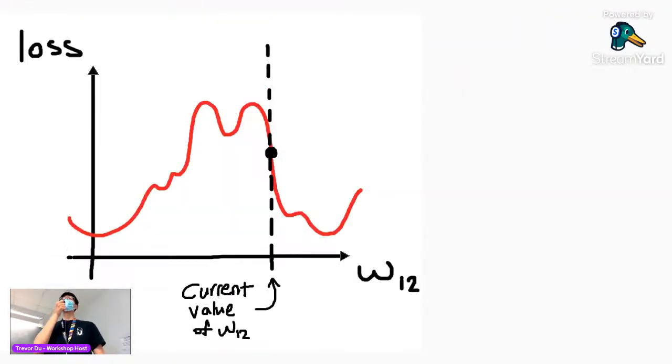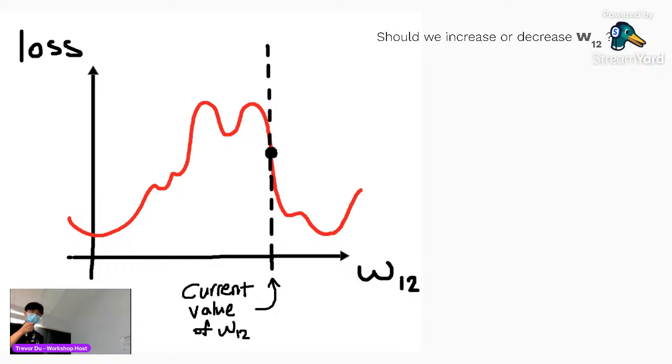Let's take a closer look at it. Should we increase or decrease W12 to decrease the loss? Increase? That's right. And we can tell pretty easily visually, right? Because if we move W12 to the right, then the graph goes down. Machine learning pretty much just comes down to minimizing the loss function.